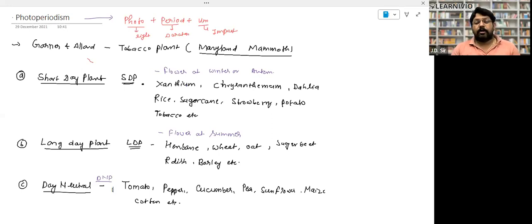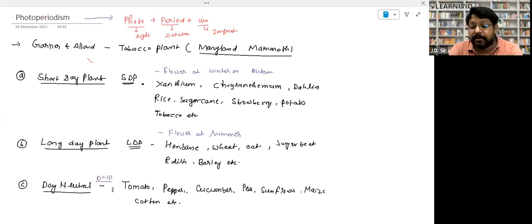You must have read about the tobacco plant. What is the name of the normal tobacco plant? Nicotiana tabacum. So basically the tobacco which is used in cigarettes and cigars and all that is Nicotiana tabacum, right?